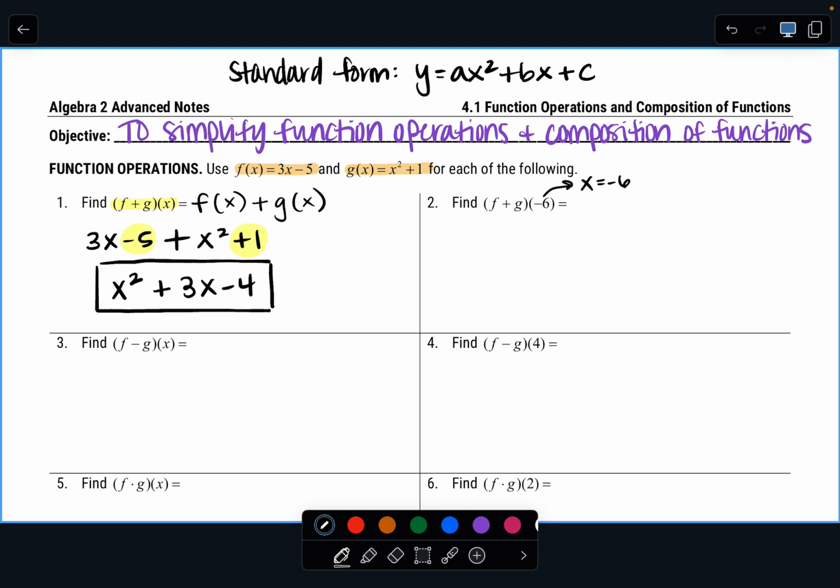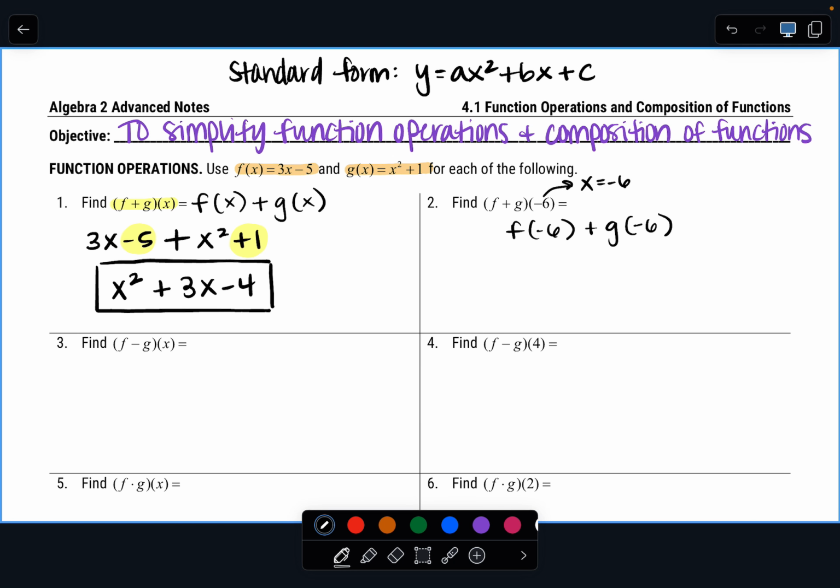So you can technically do this as two separate things. You could go in and find f of negative 6 and find g of negative 6 and add those together. You also, if it's a problem where you've already found what those two things added together are, can just plug into that equation.